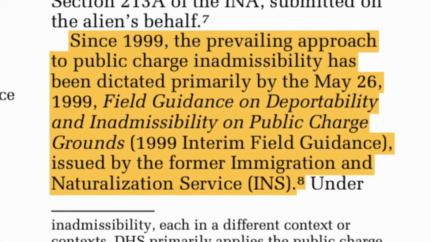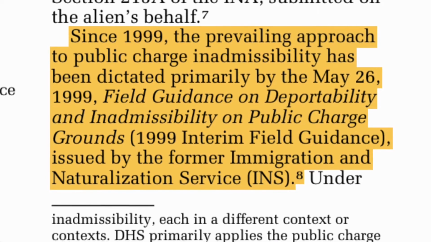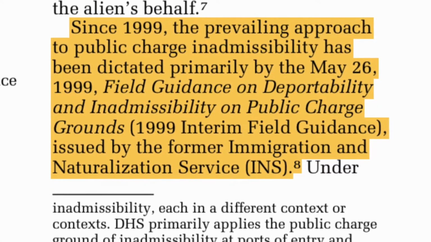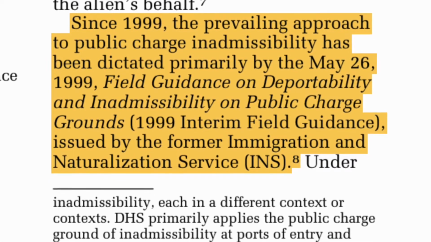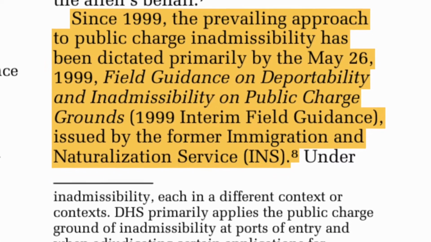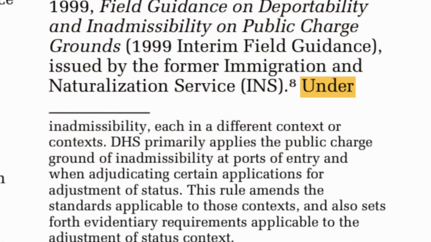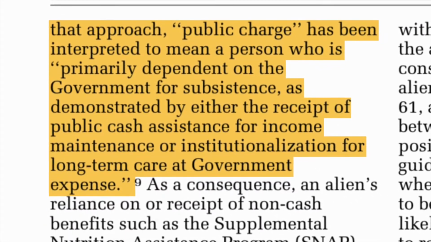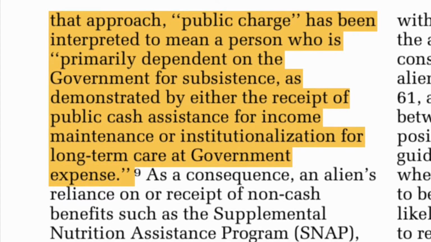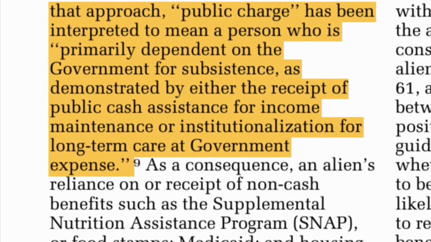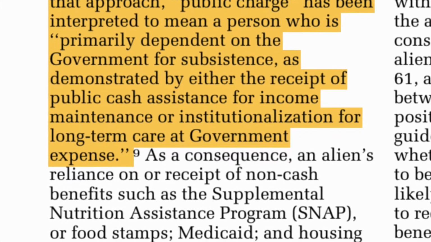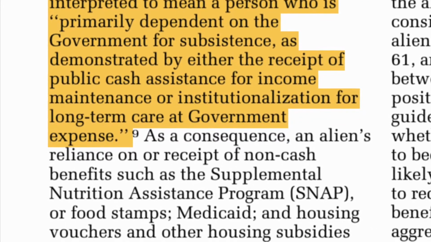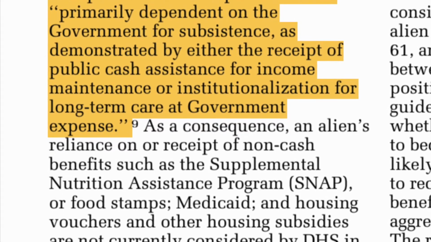Since 1999, the prevailing approach to public charge inadmissibility has been dictated primarily by the May 26, 1999 Field Guidance on Deportability and Inadmissibility on Public Charge Grounds. Under that approach, public charge has been interpreted to mean a person who is primarily dependent on the government for subsistence, as demonstrated by either the receipt of public cash assistance or income maintenance, or institutionalization for long-term care at government expense.